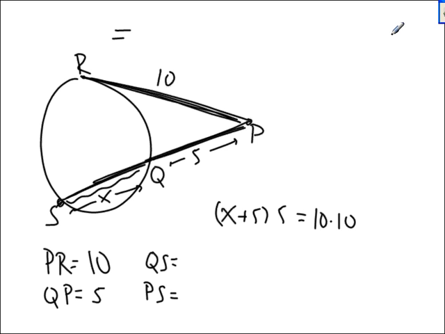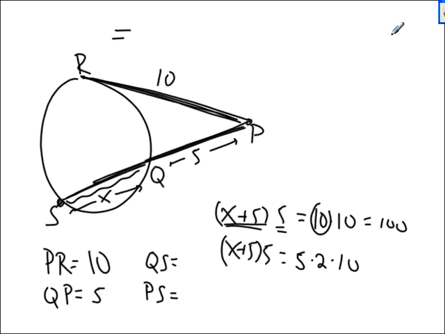Now, which is 100. Some of you may not know what times 5 is 100. You really should know how many nickels there are in 100. So, one way of doing it is to break off a 5 from the 10. 5 times 2 is 10, times the other 10.